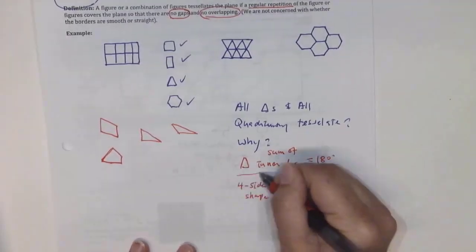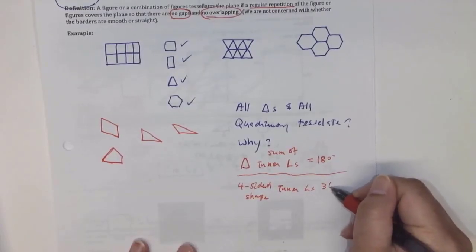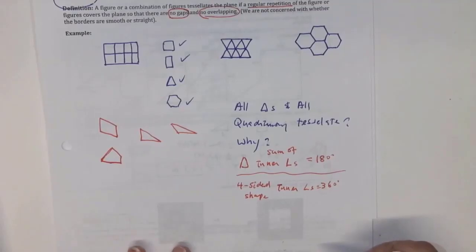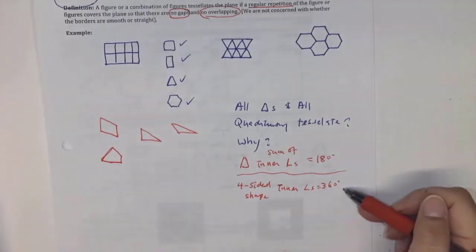The inner angles equal what? 360. Two triangles, right? You can cut it into two triangles. And in order to fill all around, like a circle, how many degrees is that? 360. So because both of them can add up to 360 somehow with the angles, they will all tessellate.